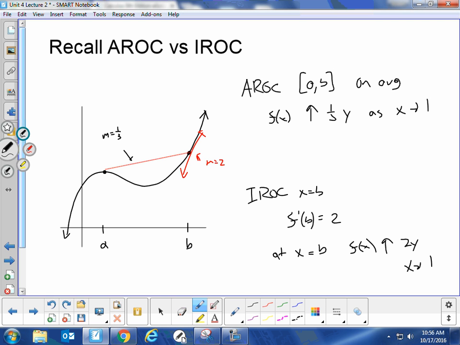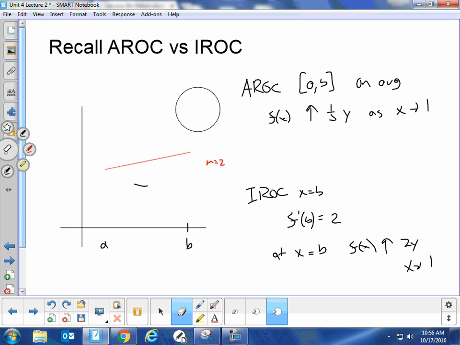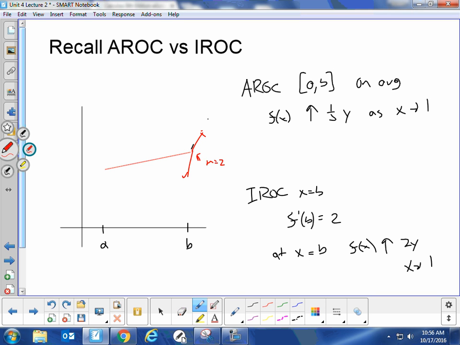If I did not know anything about my function, if I didn't even have this graph, but I knew that at a location my tangent slope was 2, but I don't know what my function looks like, I can at least know that at 2, my function's moving up, right?